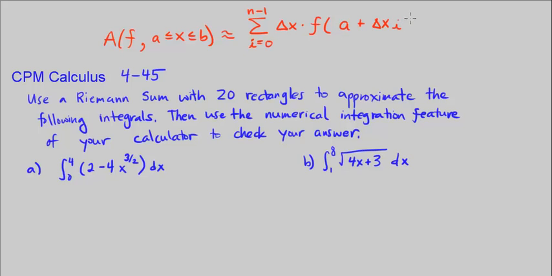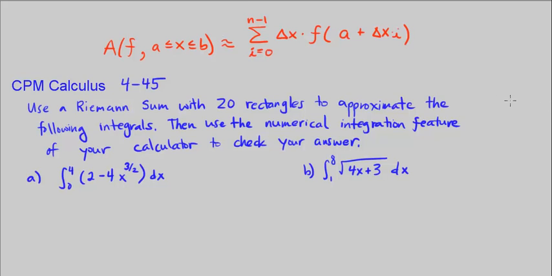Again, delta x is the width and i is our index. This is going to be the approximate area of our region. Also remember that the width is just b minus a over n. That's delta x.